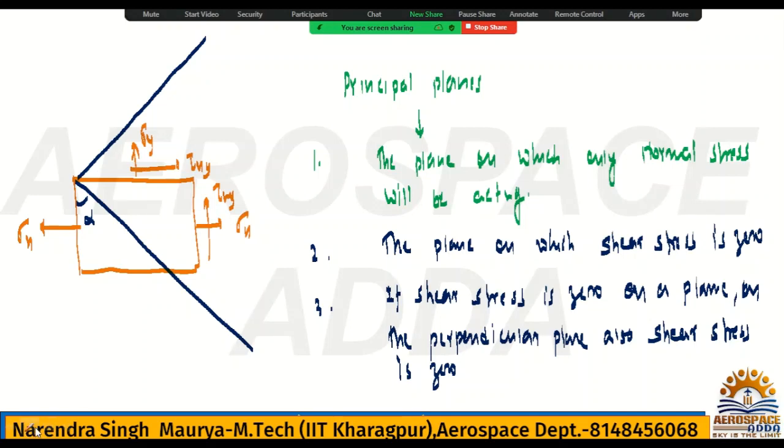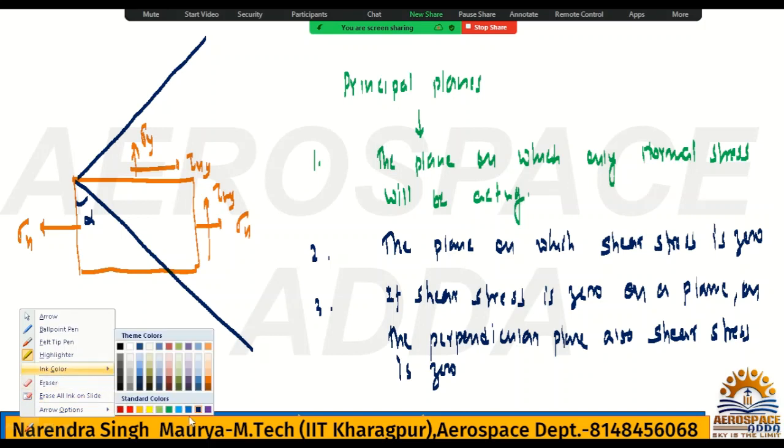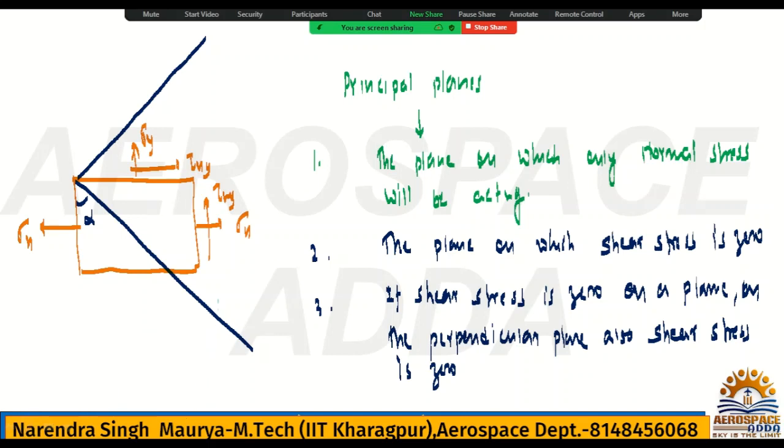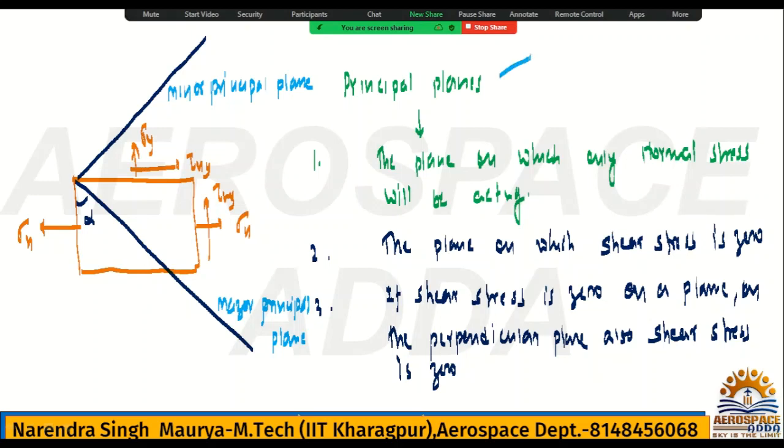This is the major principal plane, and this will be called as minor principal plane. As I told you, two principal planes you will have, major and minor.